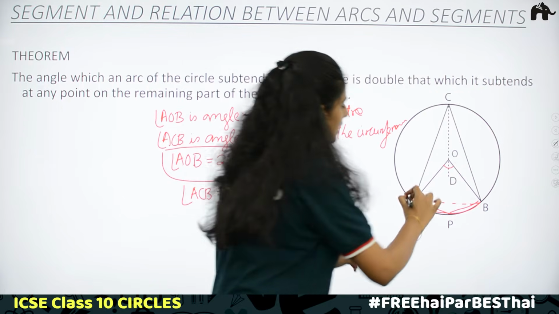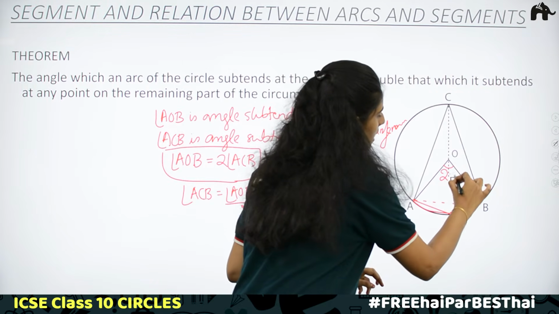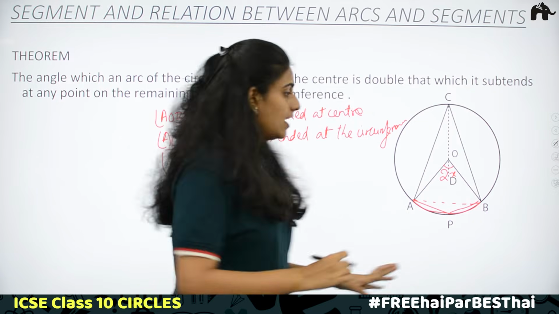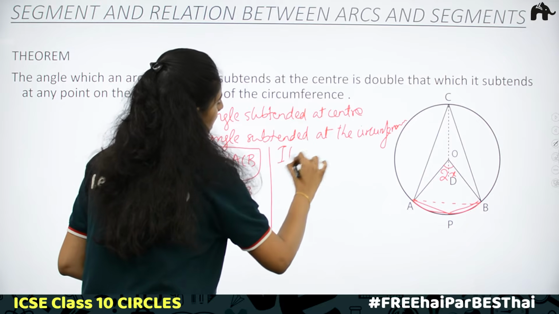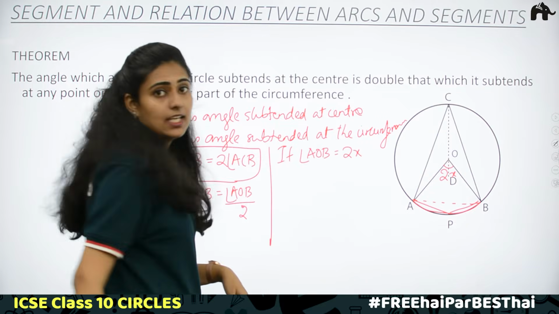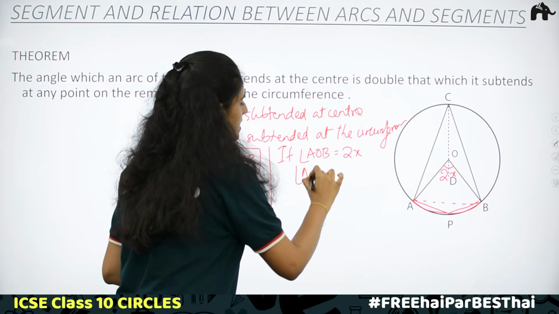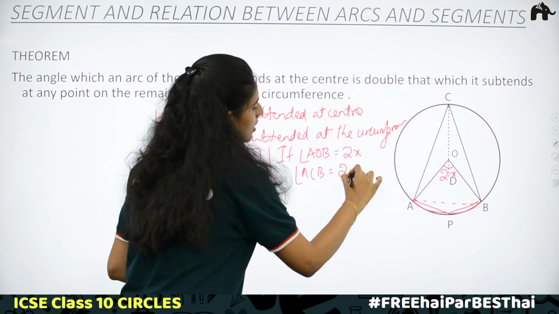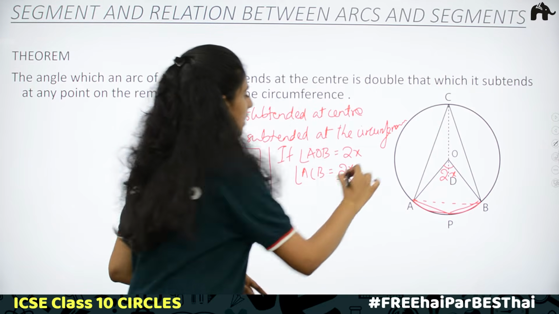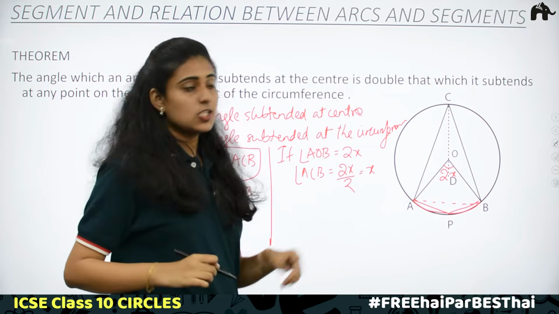If angle AOB is given as 2x, then angle ACB will be 2x divided by 2, half of angle AOB, which is equal to x. Let us take an example.